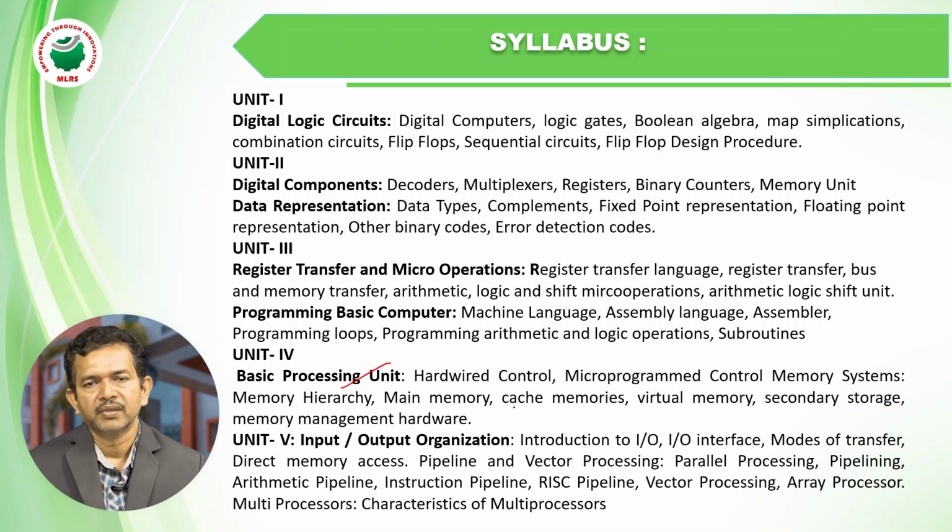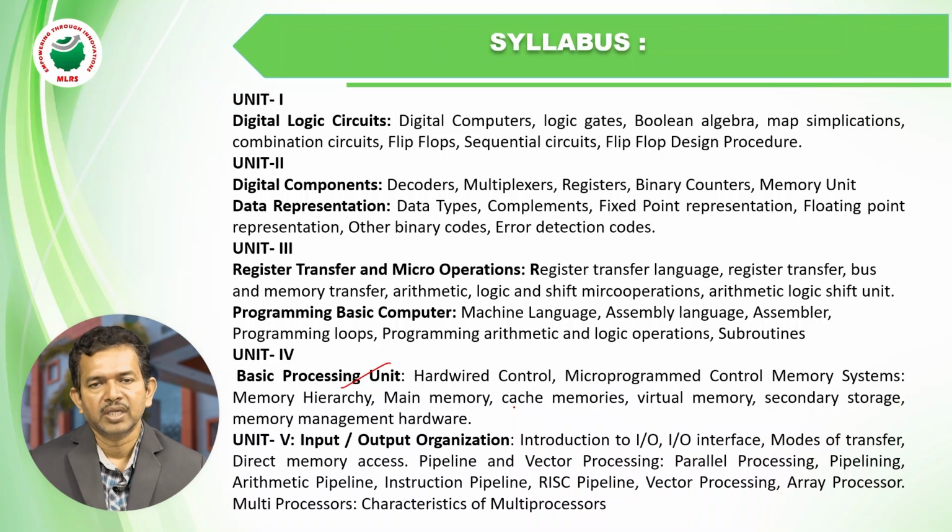When I go with the hardwired control unit, what components are going to be used here and how is the data processed? Once that is done, we'll go to microprogrammed control. In the microprogrammed control, once the data is processed, the data will be in the form of instructions only.